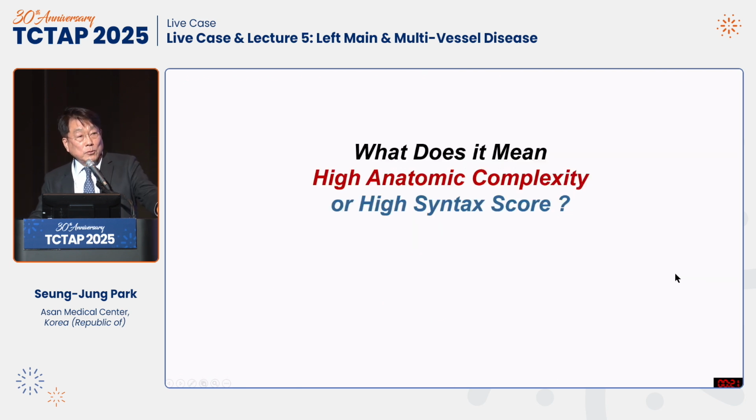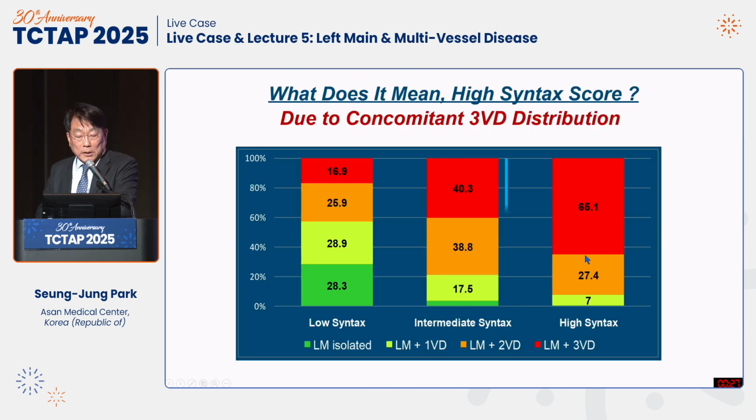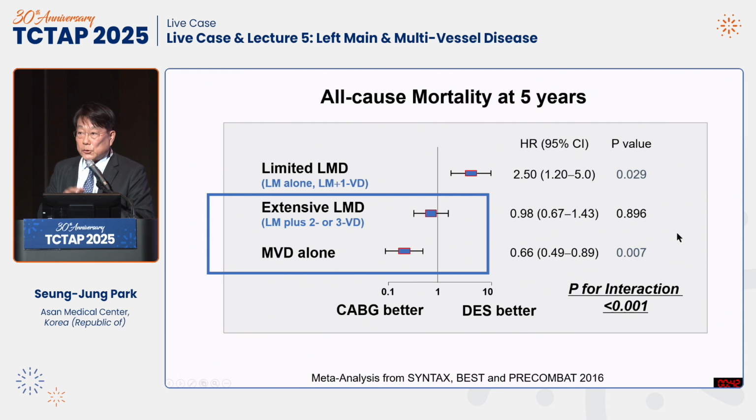So I would ask, what does it mean? High anatomic complexity, high SYNTAX score. If you look inside, high SYNTAX score, high anatomic complexity, is actually due to concomitant 3-vessel disease. In the left main sub-studies with high SYNTAX score, 65% of patients included 3-vessel disease.